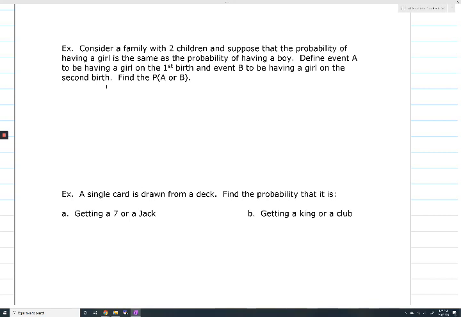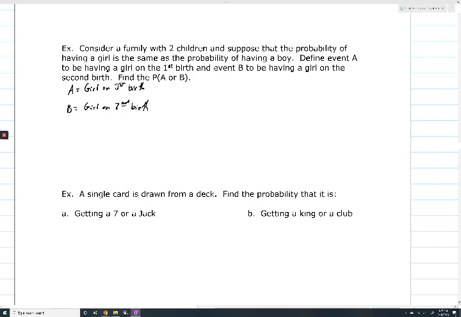So consider a family with 2 children and suppose the probability is the same. Define event A is having a girl on the first birth, and B, girl on second birth.